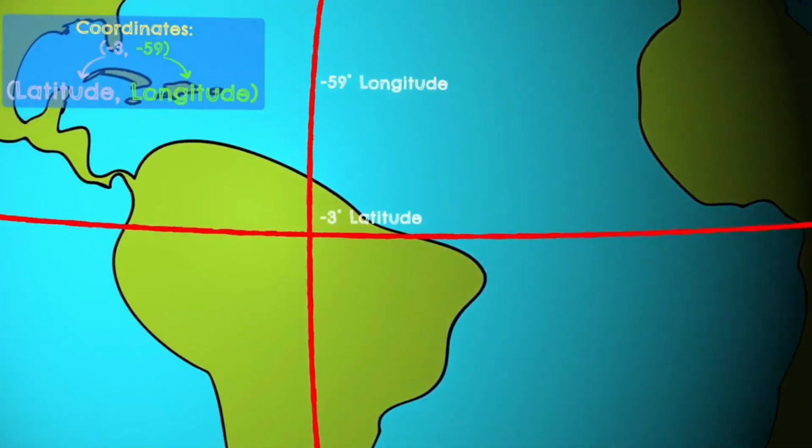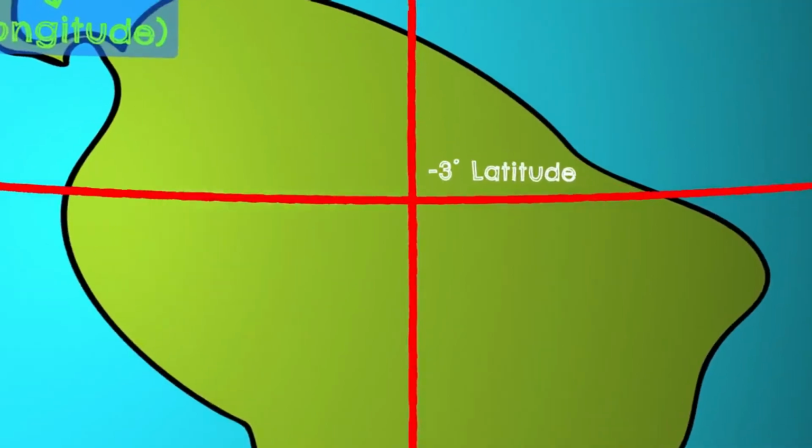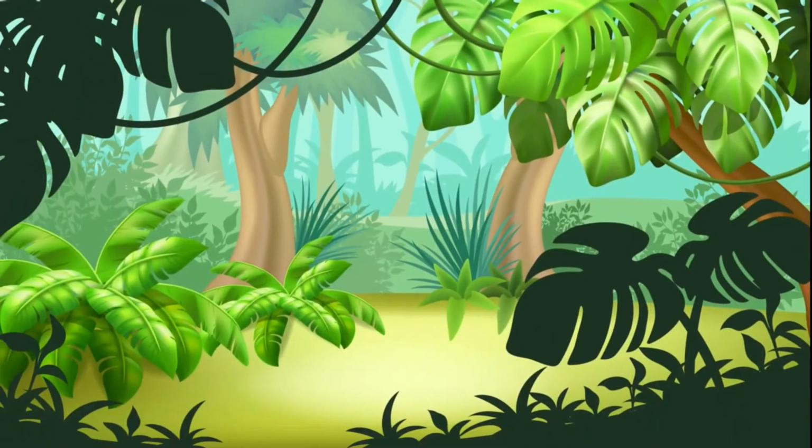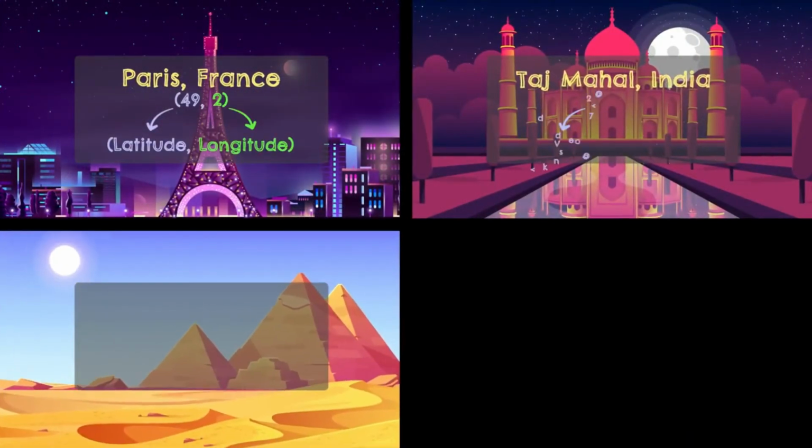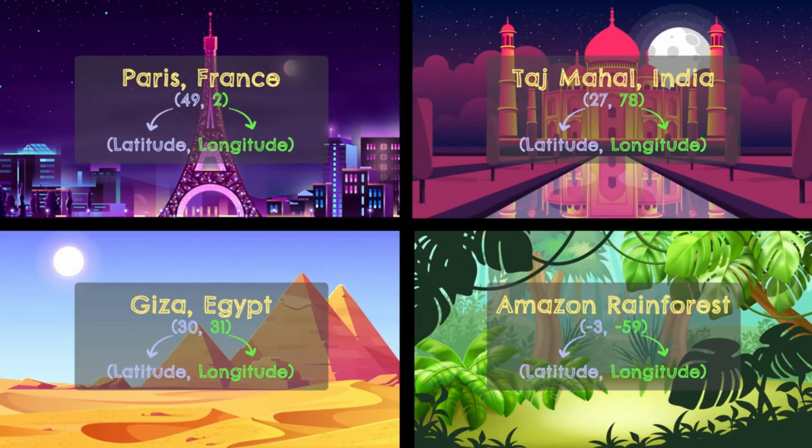Where these two lines meet, you would find our second mystery place, the Amazon rainforest. So as we can see, each place on Earth has its own unique set of coordinates made up of latitude and longitude. If we know a place's coordinates, we can easily find it on a map.